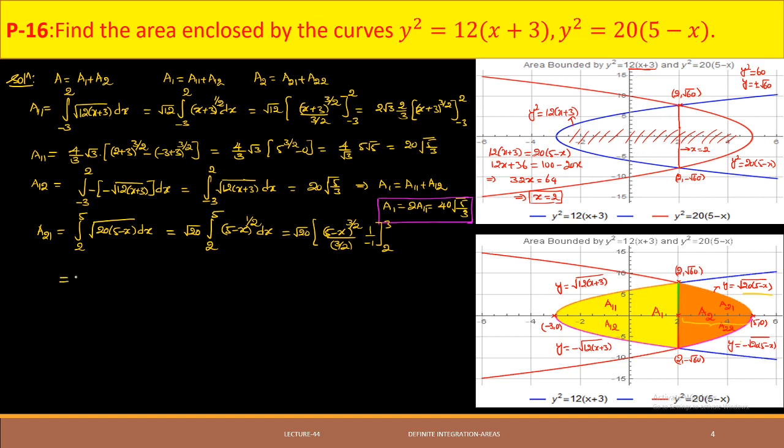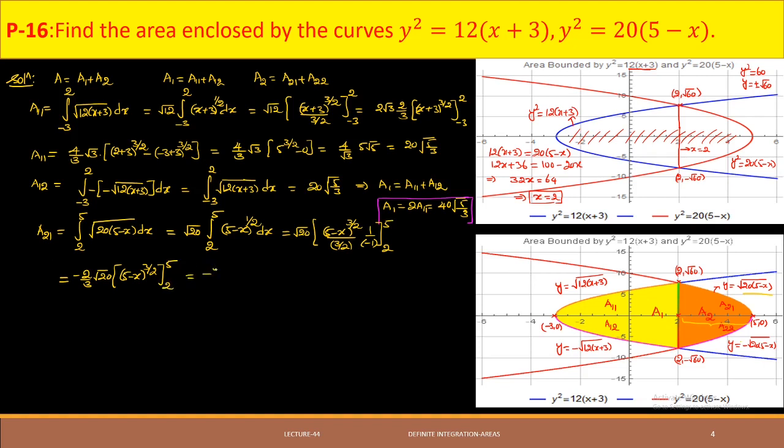Now this value is equal to, here this can be written as 2 by 3 into root 20 minus, I am taking the minus outside, 5 minus x whole to the power 3 by 2. The limits must be 2 to 5, right?